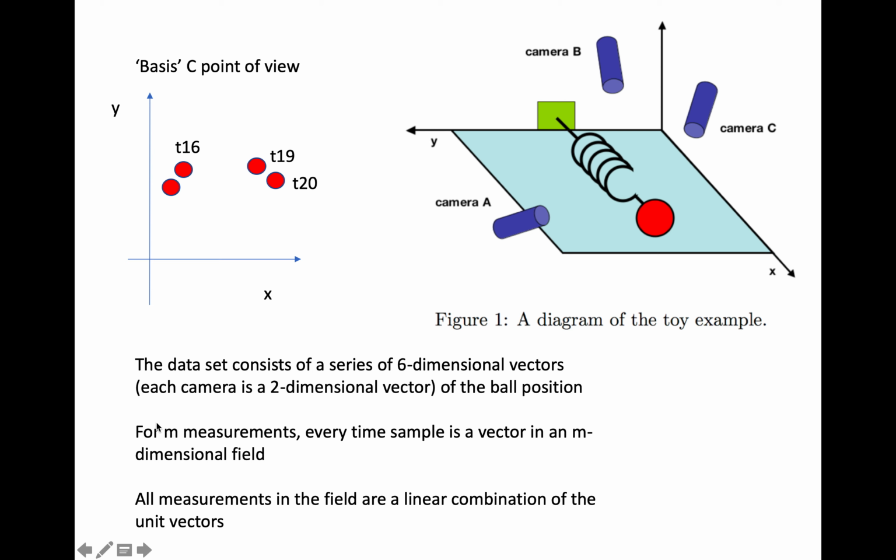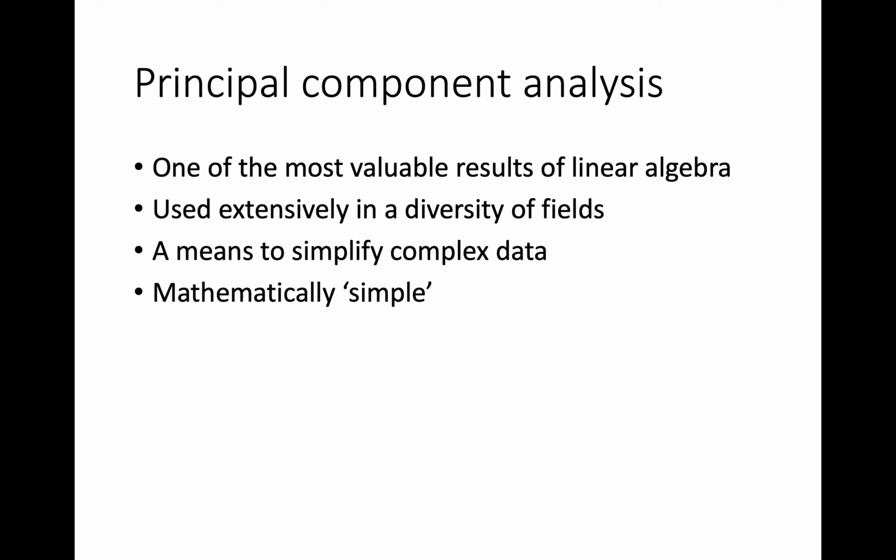So for each of m measurements, every time sample is a vector in an m-dimensional field. And here I have 3 fields, so 3 measurements. I have many fields, and all the measurements in this field are a linear combination of the unit vectors, right? Remember the unit vectors, and we can combine them linearly.